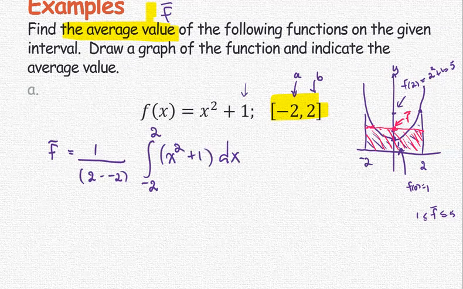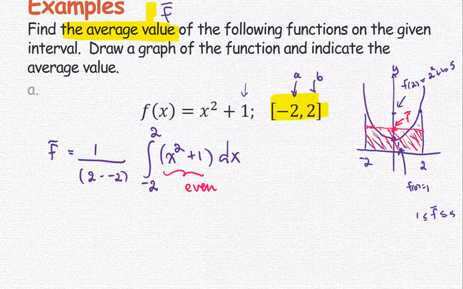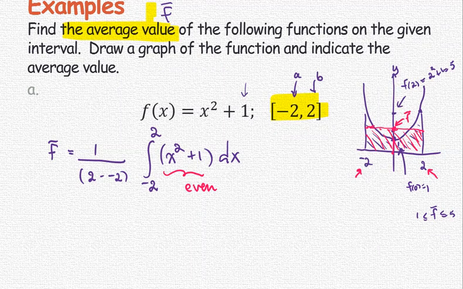From the use of the odd-even function, we know that x squared plus 1 is an even function. From the graph, we can see that too: the area on the left equals the area on the right, or it has symmetry with respect to the y-axis. With the lower limit negative 2 and upper limit positive 2, it is convenient to rewrite it as twice the area of half.